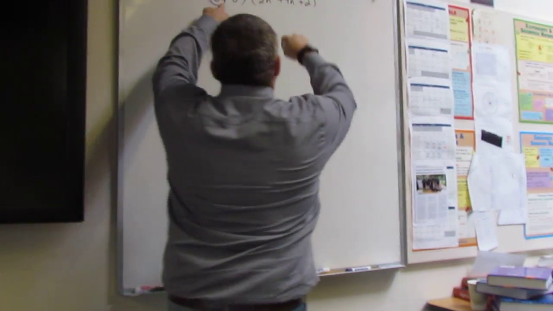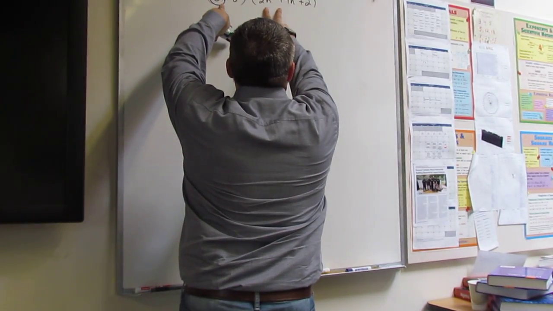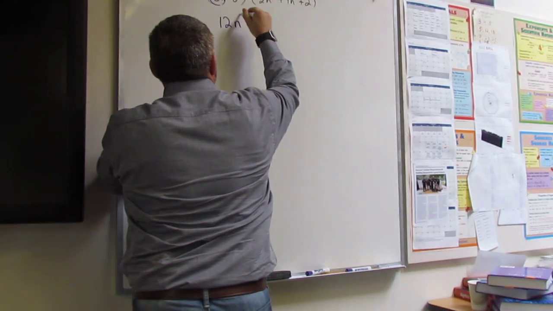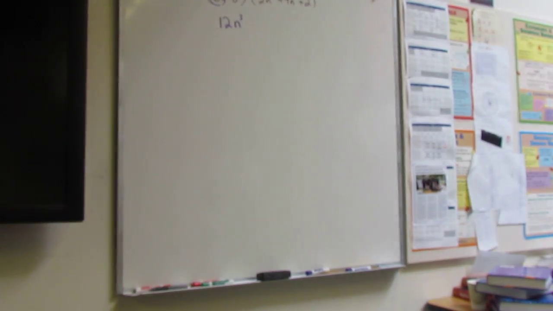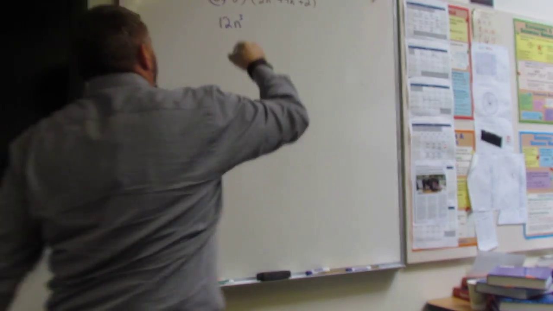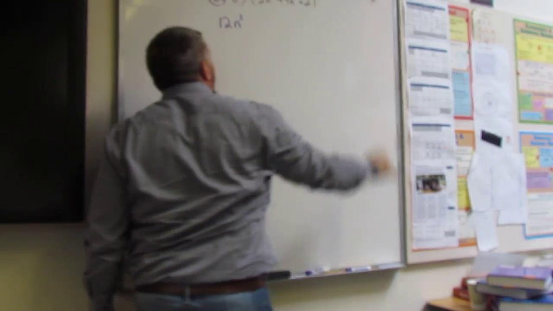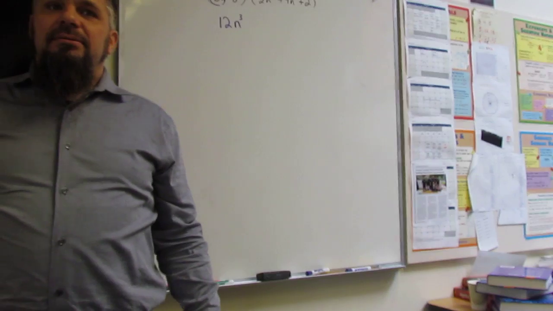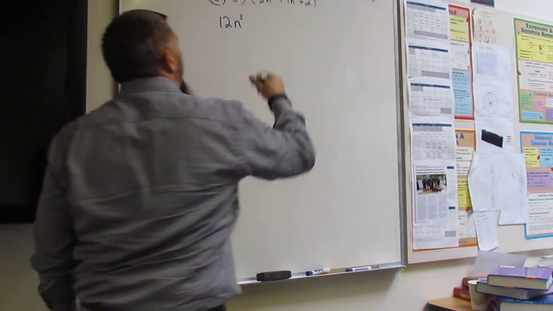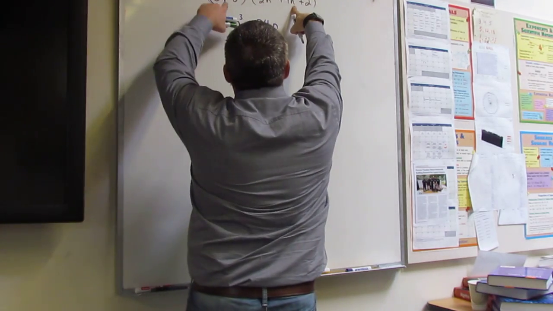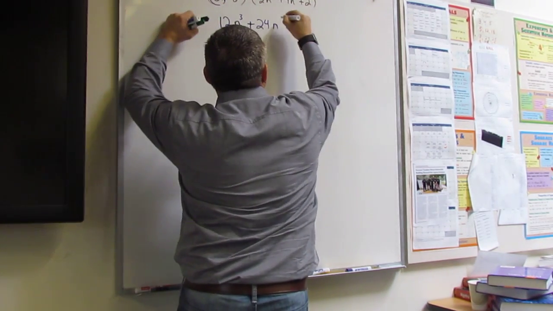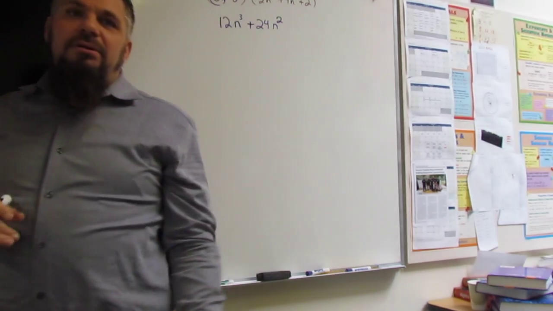So there's 1 here, there's 2 here. That means you have 3 of them, right? Okay? 6n times 4n, 24. N. How many here? How many here? 2. Very good.